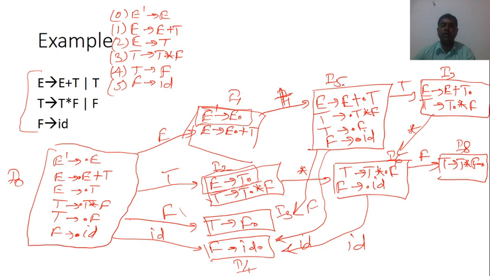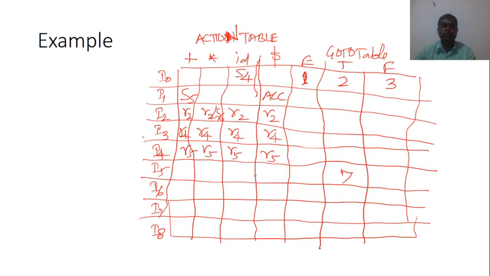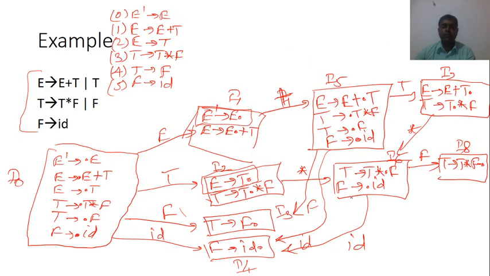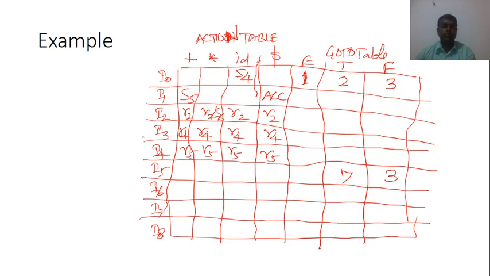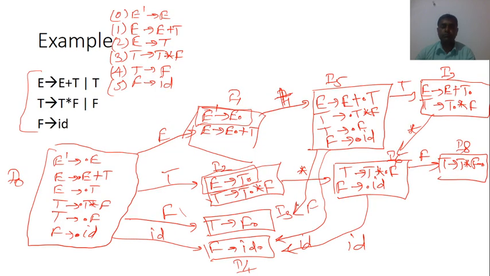That means I5 row F column 3. When I read here ID, what am I getting? I4. That means I5 row ID column S4. This I5 has been completed.